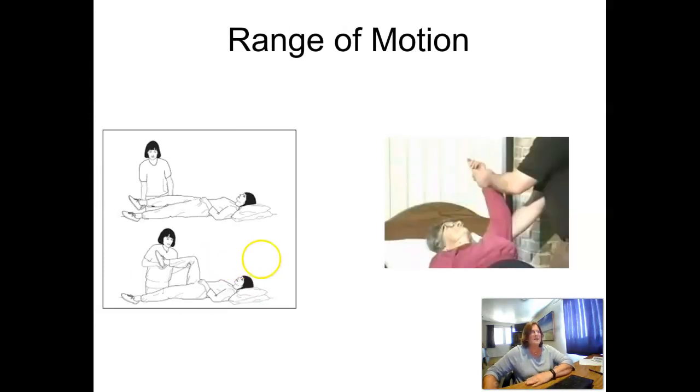And the other thing I want to say about range of motion is a lot of times the physician will order how many times to move each joint. So frequently the physician will say range of motion 3 times a day, 10 times to each joint. Okay, so that means each joint I'm going to move 10 times. If it's not stated how many times you're supposed to move it, generally you'll see it done at least 5.